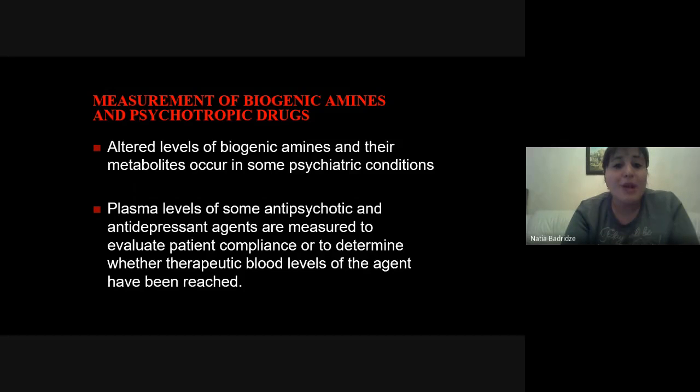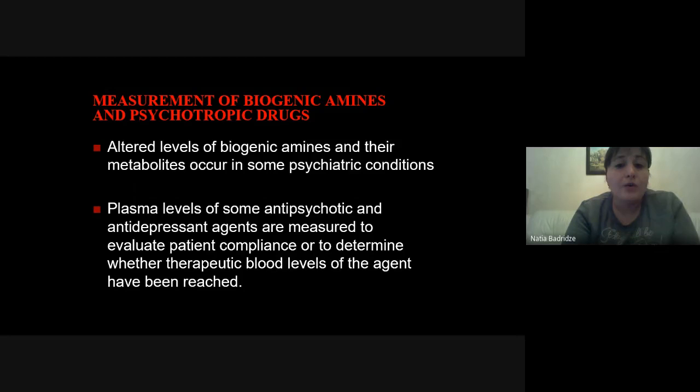We also measure the plasma levels of some antipsychotics and antidepressants to evaluate the compliance of patients, because it is necessary to determine if the patient is taking the medication to determine the outcome of the treatment, right?